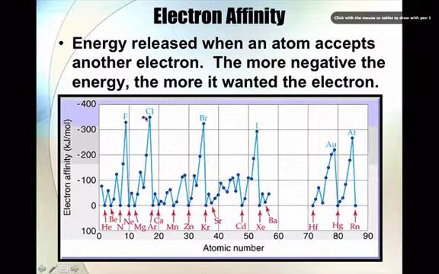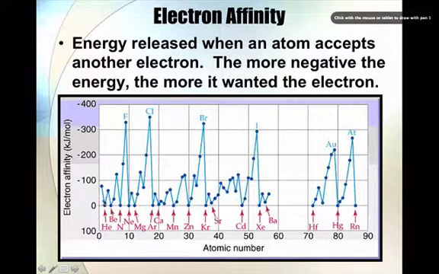And when they do get that extra electron, it actually causes them to release some energy because they become more stable. And stability relates to a lower energy level with atoms. So we can see that for some of these, it's down here at 0. They don't want any more electrons. They don't need any more electrons.